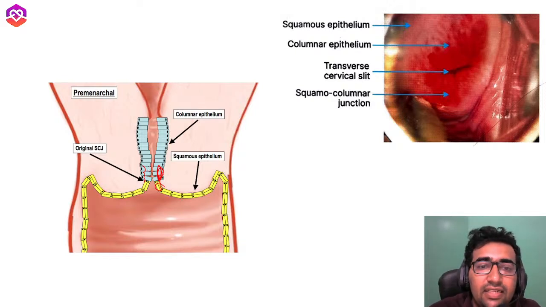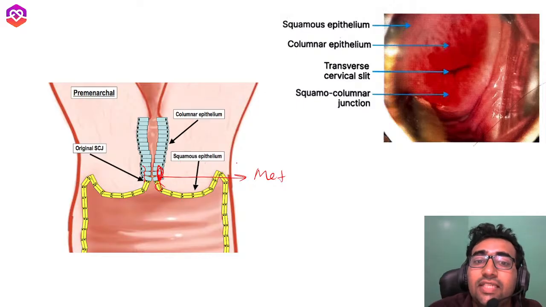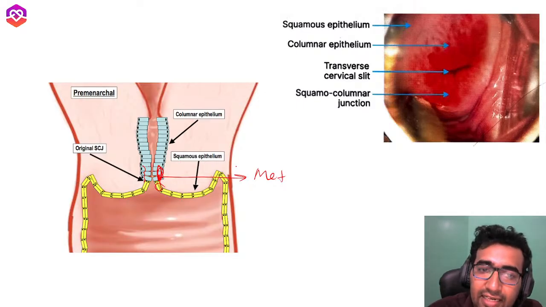This is a very dangerous thing actually. We call it metaplasia. Metaplasia means re-differentiation. The columnar cell is already a differentiated cell, and it becomes another differentiated cell, denoting metaplasia of the columnar cells into squamous cells.